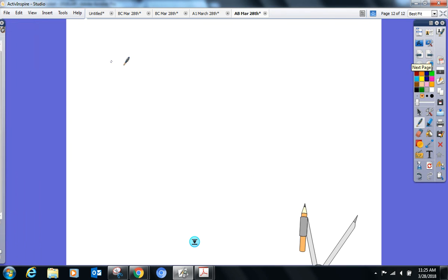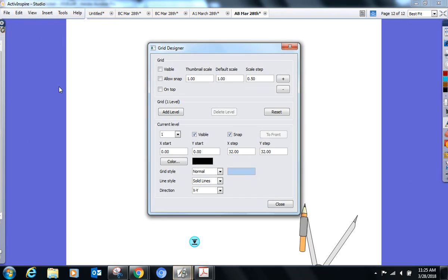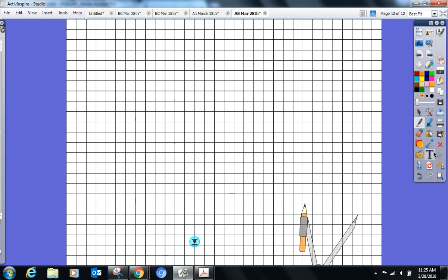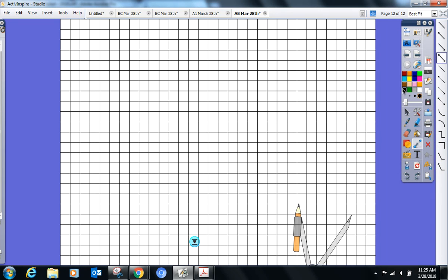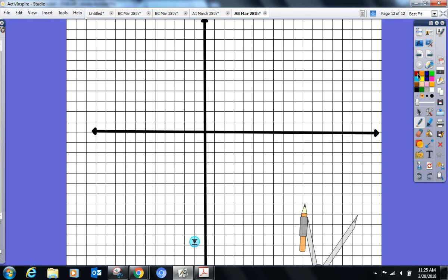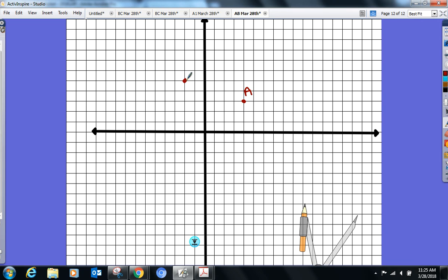So let's say I have point A right here, and I would like to reflect it through this point right there. How do I find A prime?